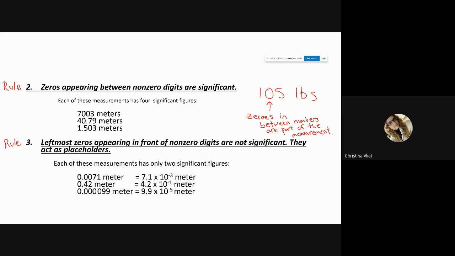So check your scale. Make sure it says 0.00 and at the top left-hand corner it says G. If it says something else besides G, it means you need to change the mode back to grams. This is something that will happen. There's other classes that use the scales before you and they might accidentally change it to the wrong mode. So double check your scale and make sure it says G and 0.00.